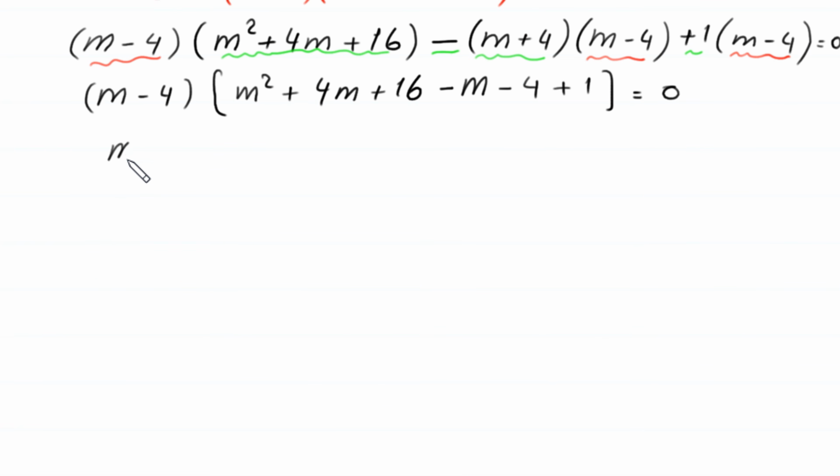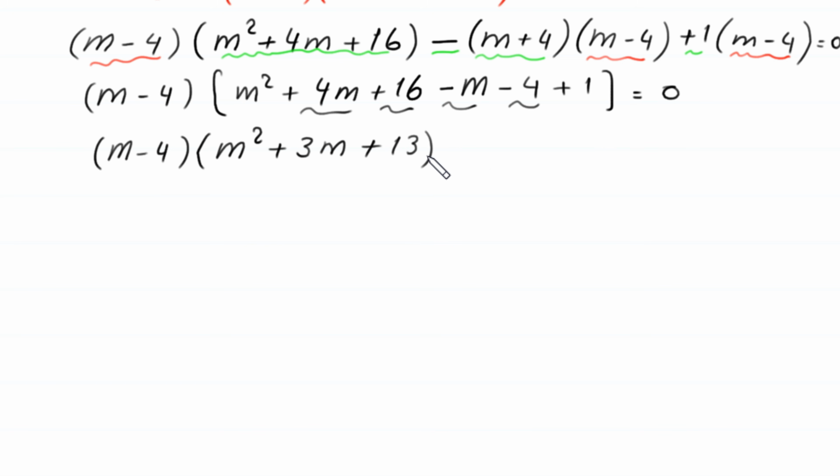Next, (m - 4) times (m^2 + 3m + 13) = 0, because 4m - m is 3m, and 16 - 4 is 12, 12 + 1 is 13.